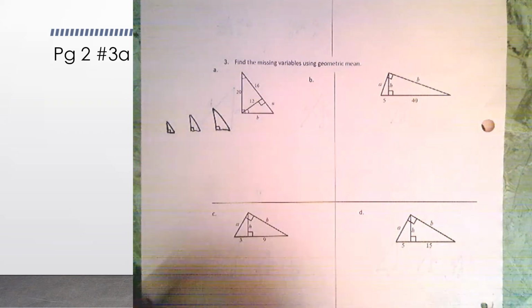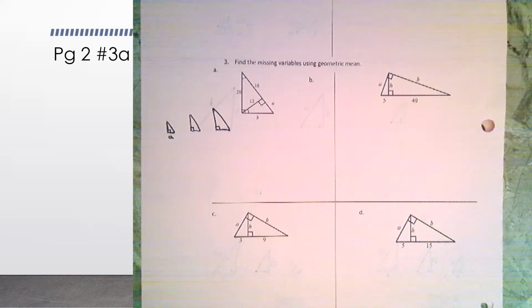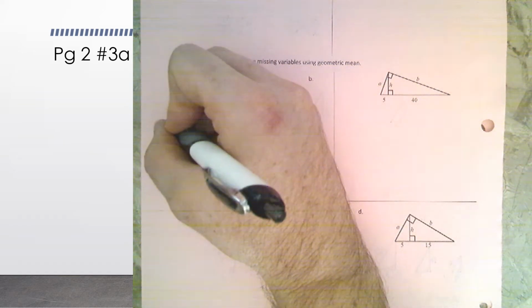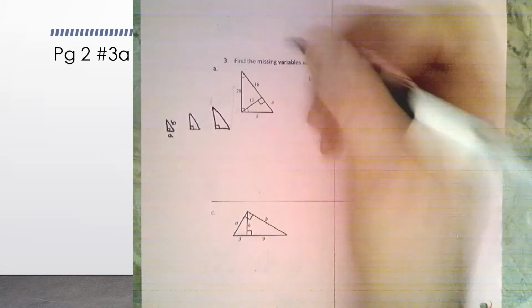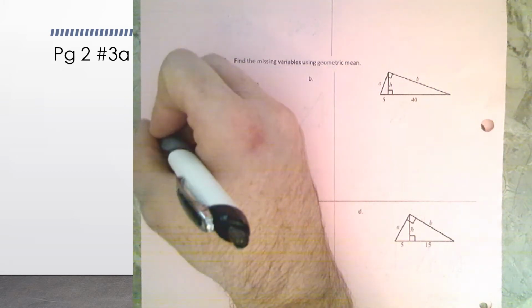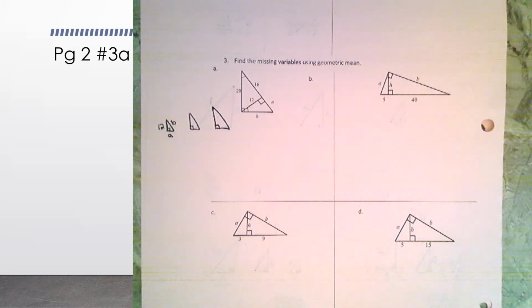With the way that I drew it, that means A would be right here. B is my hypotenuse for the smallest one, so I'm going to put that there. And then the other side, I know the longest side there, which is 12. So for the first one, that's where each of the sides would be.